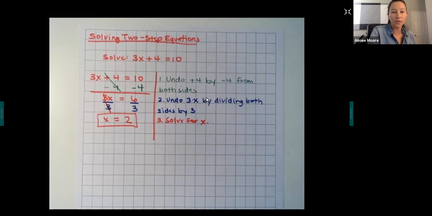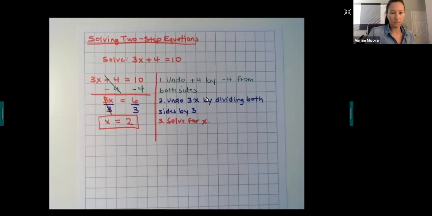So x equals 2. Okay, I'll leave that for you to finish copying, and then let's go ahead and do the solving two-step equations assignment.